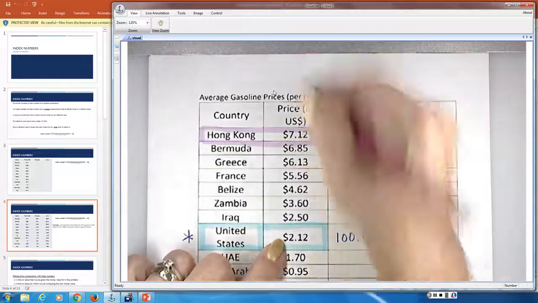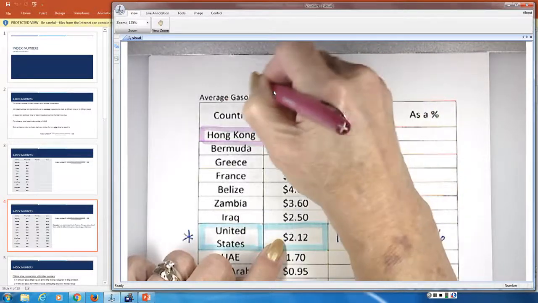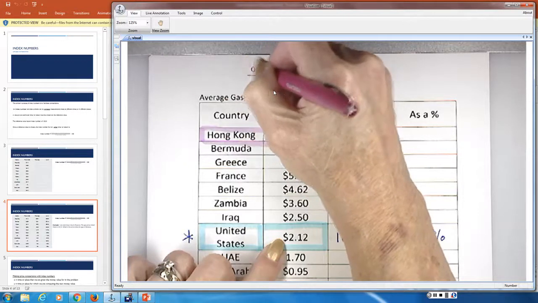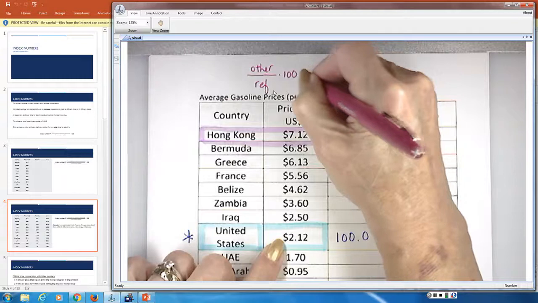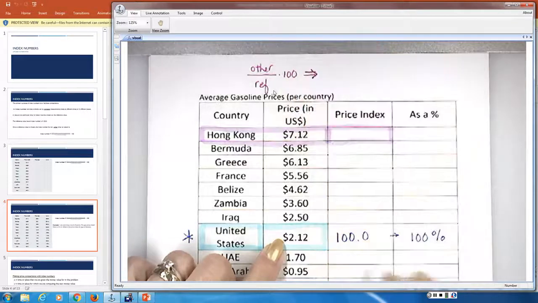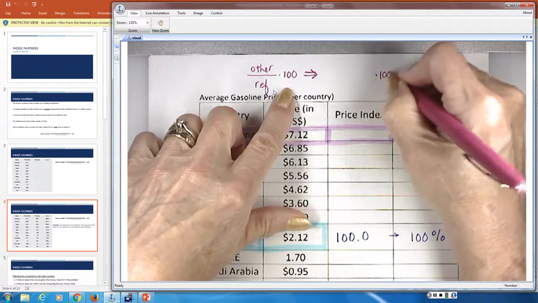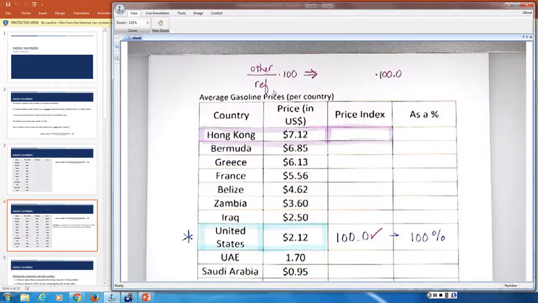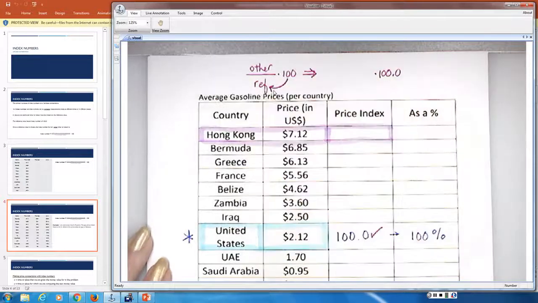So it's always the other place divided by the reference, times 100. We're still going to have the 100 because we're the 100% mark, but that 100 is actually tied to the bottom number because we're the reference point.